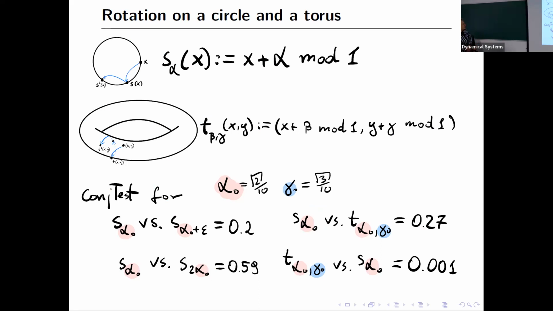So we have a rotation on a circle by an irrational value alpha, and the second time series is an irrational rotation on a torus, where in one direction we rotate using the same value as on the circle, and we have some other value in the second dimension.